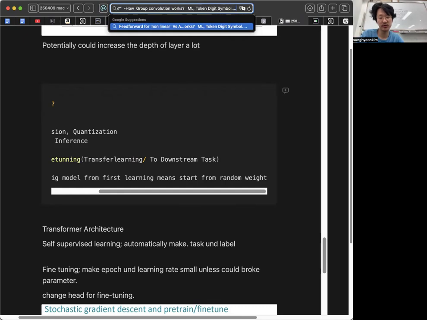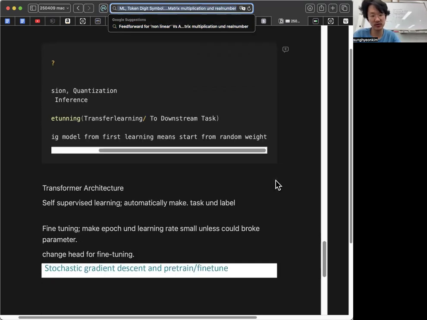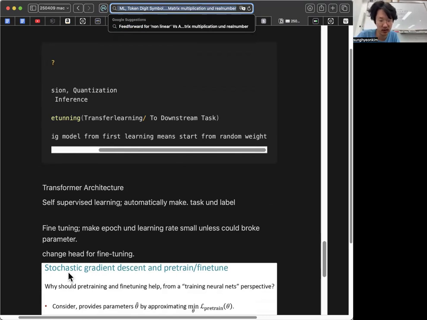But I think I didn't understand real matrix multiplication and real numbers. I understand this part, so I'm going to go deeper later.